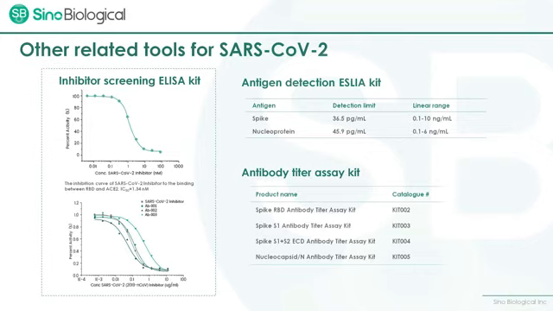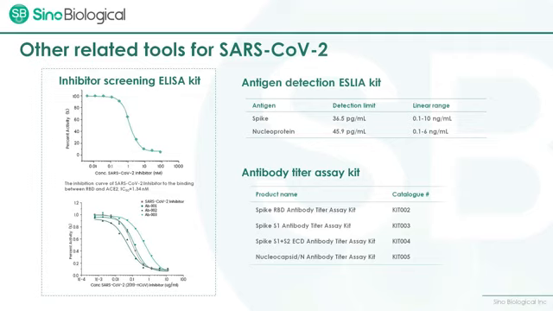We also have the antigen detection ELISA kit using one pair of antibodies, so you can quantitate the amount of antigen in your sample. We also have the antibody titer assay kit, which helps to detect the immunization titer of the antibody you obtain in your samples.